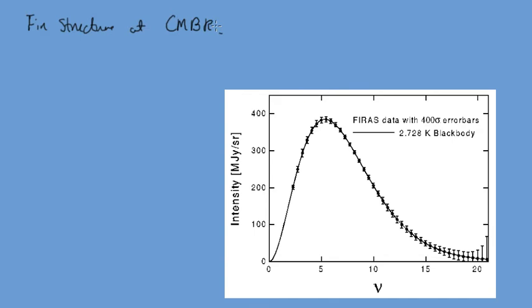So, since COBE, we've had the Wilkinson Microwave Anisotropy Probe, and we've also had another one since then called the Planck satellite that went up and did another detailed observation of the background radiation.